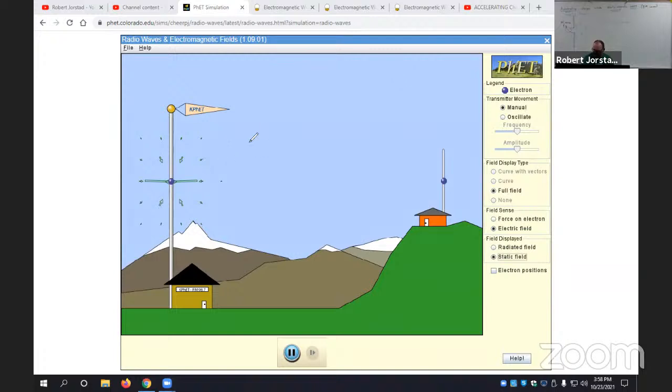We'd say that E for a charge is k q r-hat over r squared, and that's a vector field. Now notice this one is pointing into the charge. It's pointing in the negative r-hat direction because q, if we're talking about an electron, is equal to negative e.